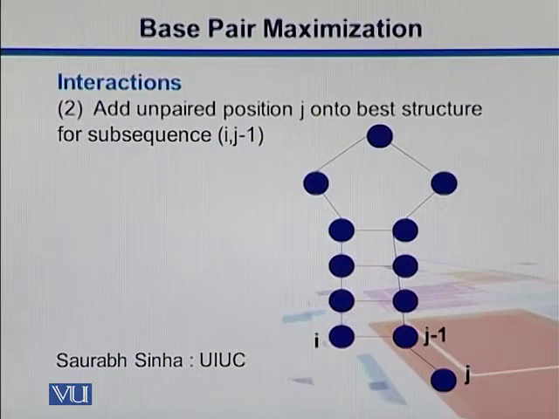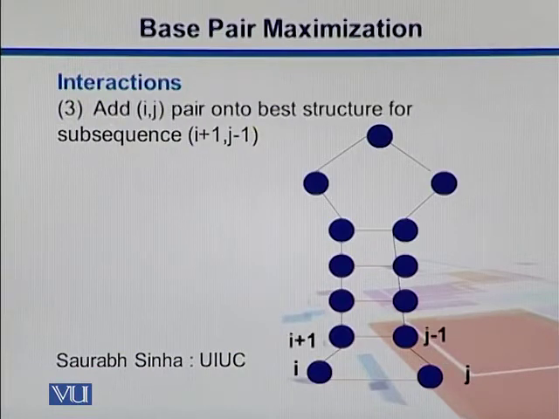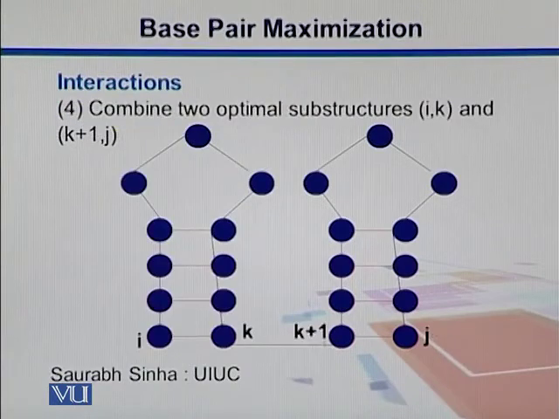In the second scenario, we can add an unpaired position j onto the best structure for i and j minus 1. A third scenario is we can add the i and j pair. So i and j are paired, and the structure for i plus 1 and j minus 1 is already there, so we put this pair onto that.